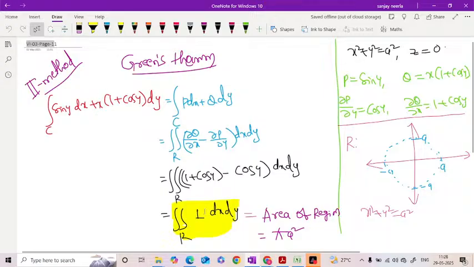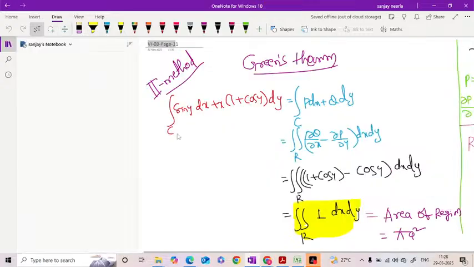After applying Green's theorem, we get the double integral of 1 dx dy. So the result is the area of the region. Here the circle equation is x square plus y square is equal to a square. Now we get the result pi a square.